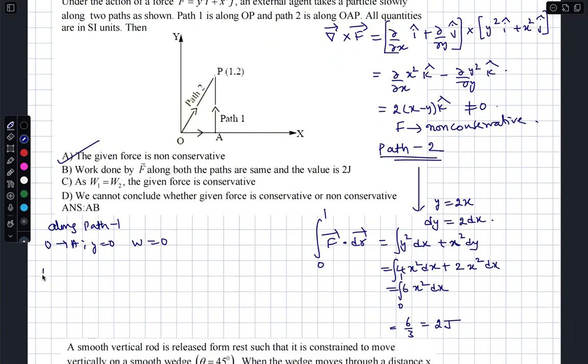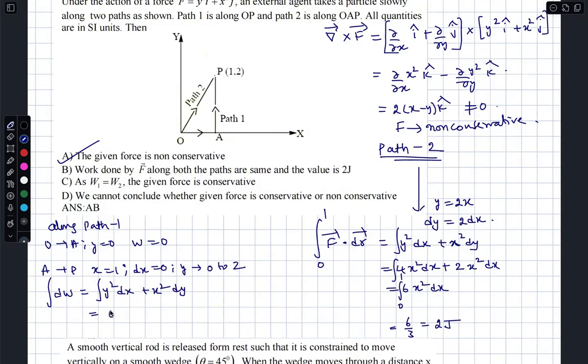Similarly, along A to P, x is equal to 1, dx is equal to 0, and y changes from 0 to 2. So dw becomes y square dx plus x square dy.